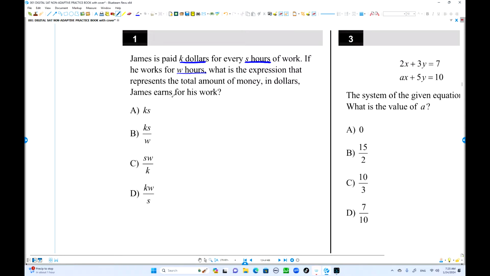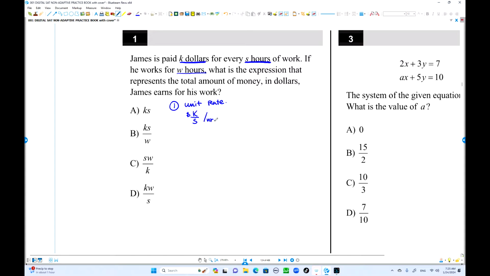Maybe you can try to use a unit rate. Unit rate is how many dollars for 1 hour. K dollars for S hours, so 1 hour is K over S dollars. This is dollars, this is hours.